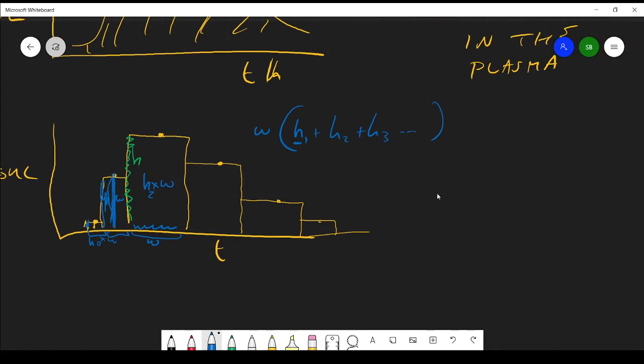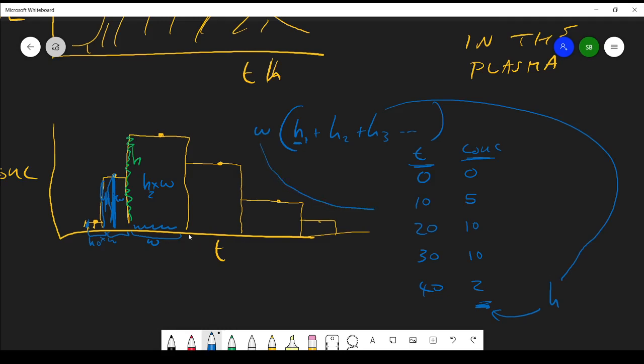So if you've got, say, T0, 10 minutes, 20 minutes, 30 minutes, 40 minutes, and you've got 0 here, maybe 5, so this is time, and this is concentration. You're measuring every 10 minutes: 5 mg per mil, 10 mg per mil, 10 mg per mil, 2 mg per mil. These are h. And the width of these rectangles is these.